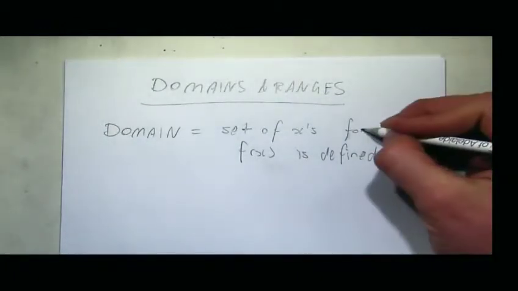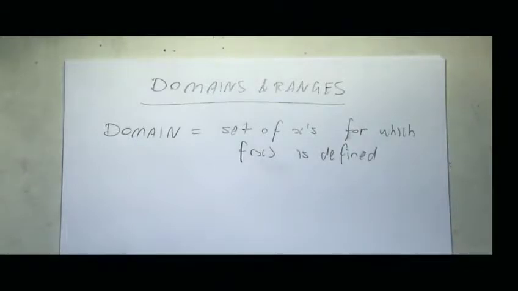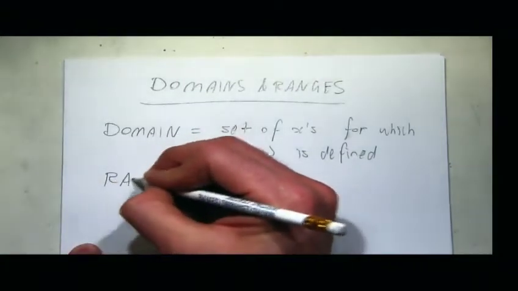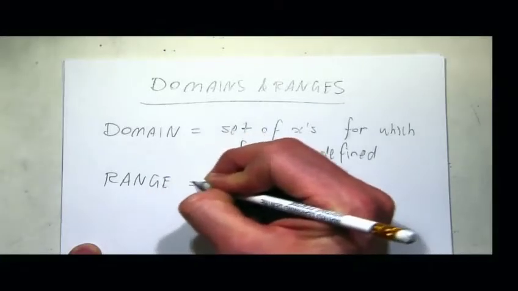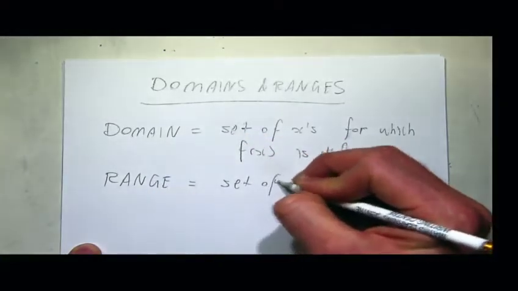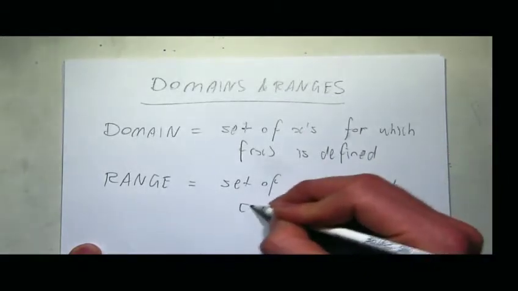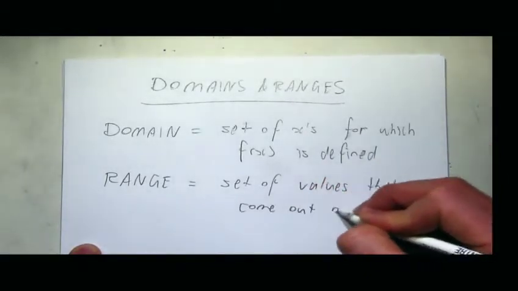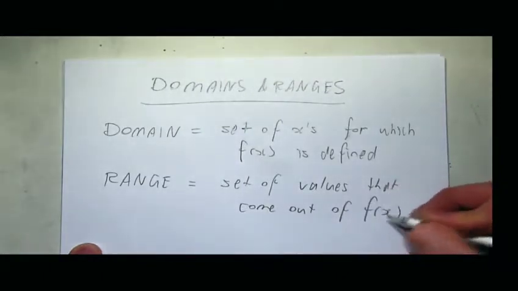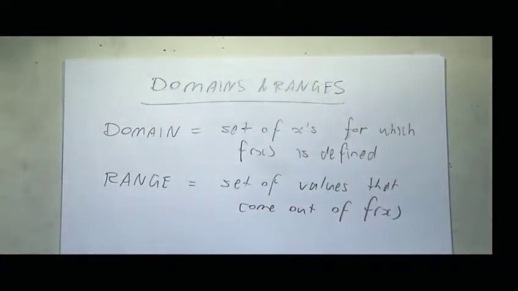Sometimes you're given a domain, you are told x has to be in this zone, in which case that's the domain. If you're not told what it is, you have to find all the x's that actually make it defined. The range is the set of values that come out of f of x.